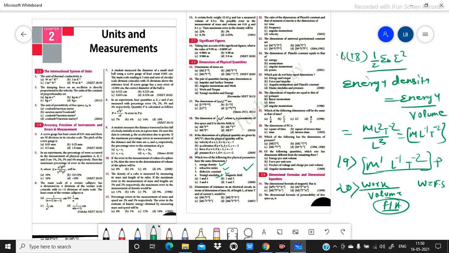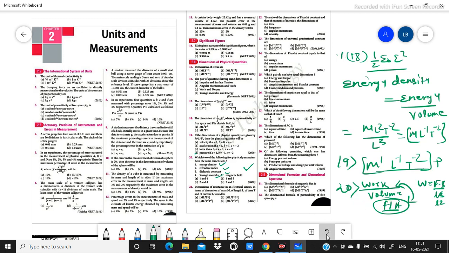Volume is L cube, so this will cancel out, and force upon area is also equal to work upon volume. These things you have to know conceptually. I said work equal to F s and volume equal to L cube, so after cancelling, work by volume is nothing but force upon area. Work by volume is energy density, force upon area is Young's modulus, so they both have the same dimension. And number 21 is given.